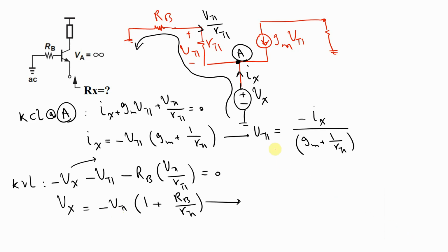So by using negative V pi, this one becomes positive. Okay, so here Vx equals Ix divided by gm plus 1 over R pi, times 1 plus RB divided by R pi.